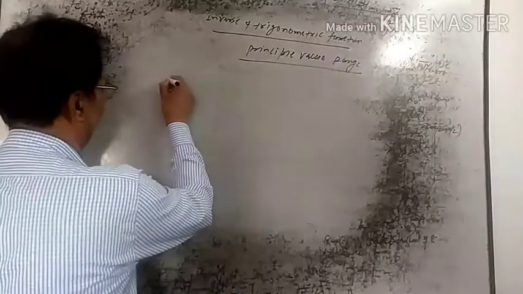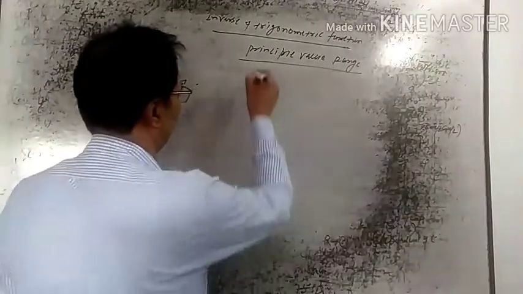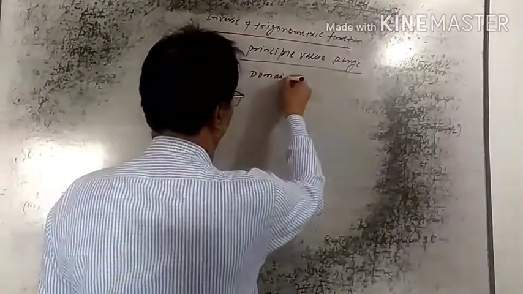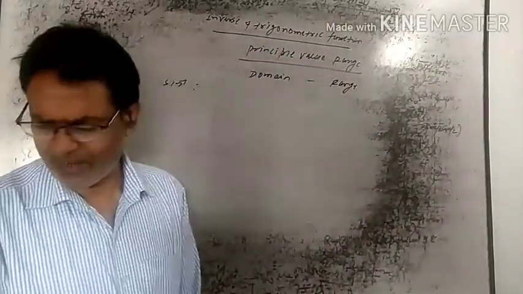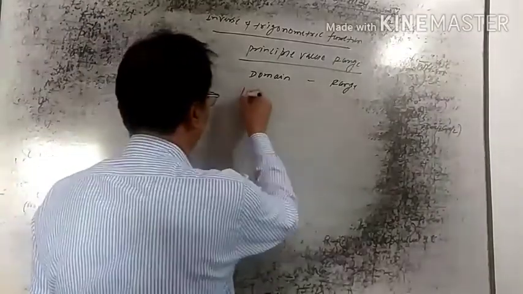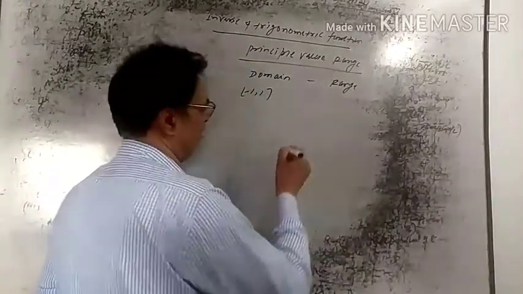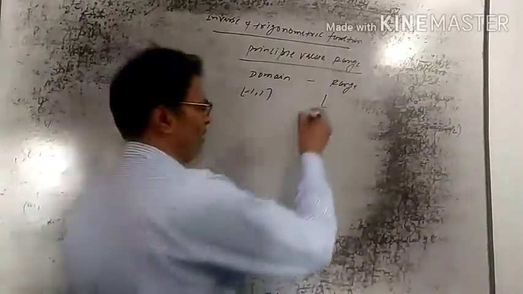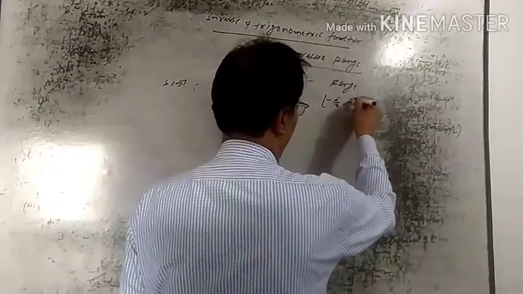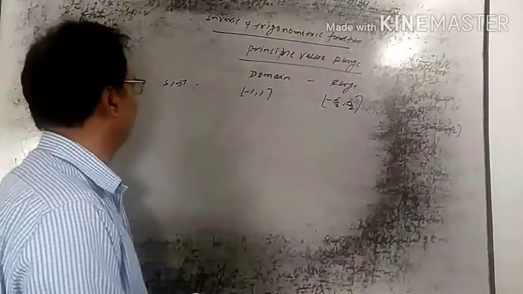The first inverse trigonometric function is sine inverse. What is the domain and range of sine inverse? The domain of sine inverse function is the closed interval minus 1, 1, and the range of sine inverse function is the closed interval minus pi by 2 to pi by 2, because sine function is one-one and onto in all the points in this interval.